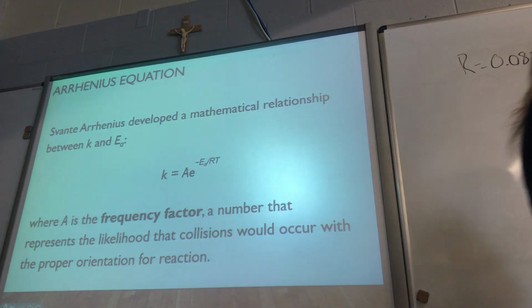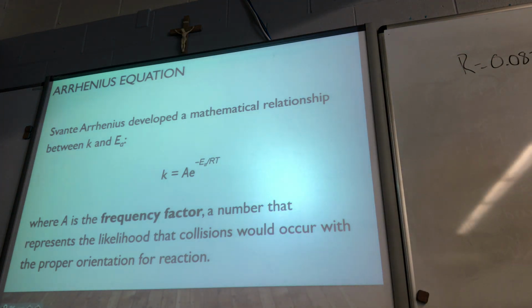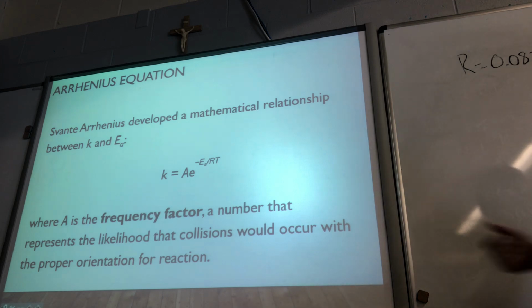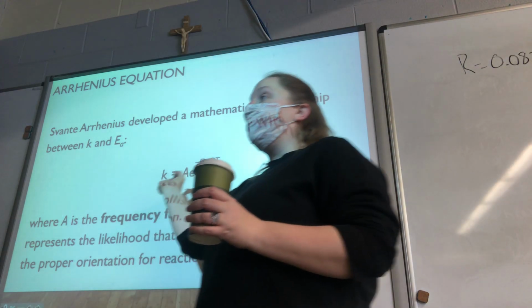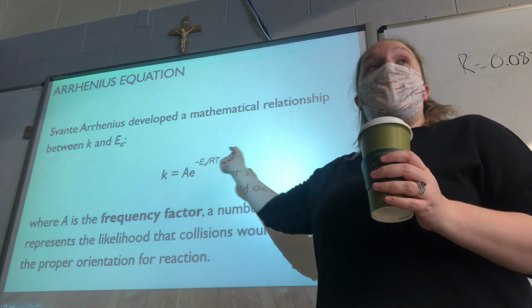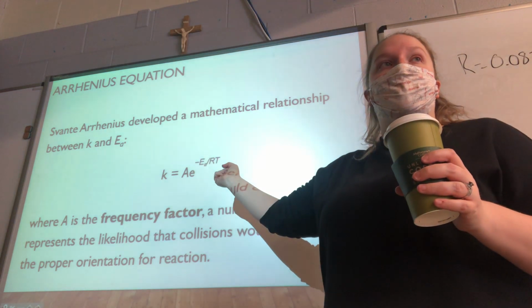So that is the Arrhenius equation for a specific chemical reaction that relates the rate of a specific reaction to its activation energy and temperature at which the reaction is taking place.